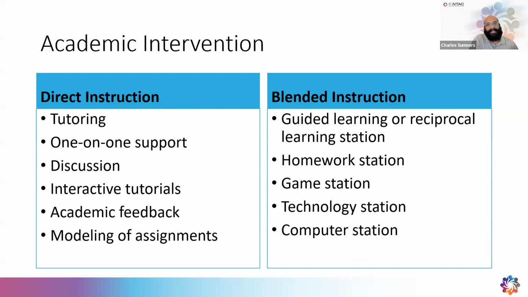So let's take a look at some academic intervention, right? Academic intervention in your future program. It could look like direct instruction or blended instruction. It could also be a mixture of both. As you consider these types of academic interventions in your program, also be thinking about staffing to support these activities.